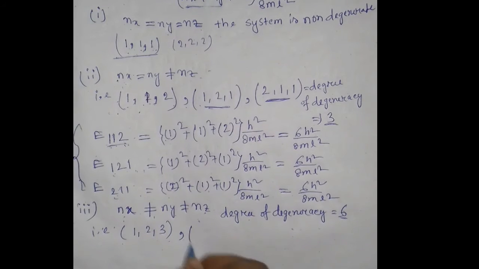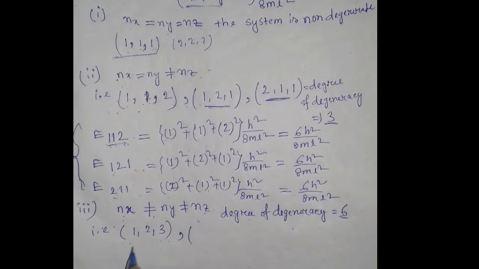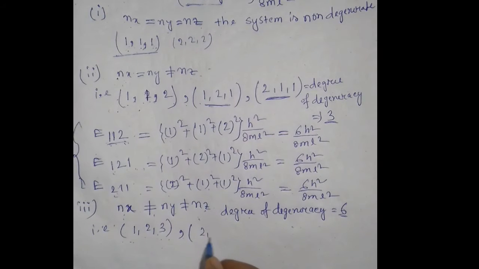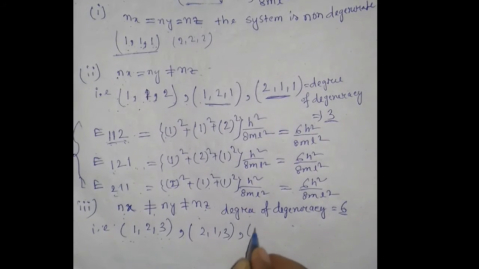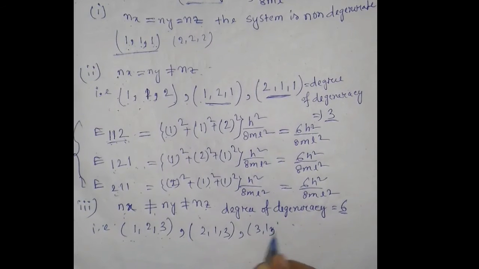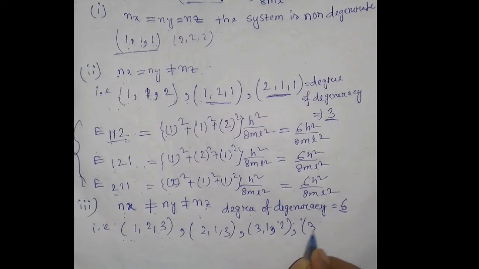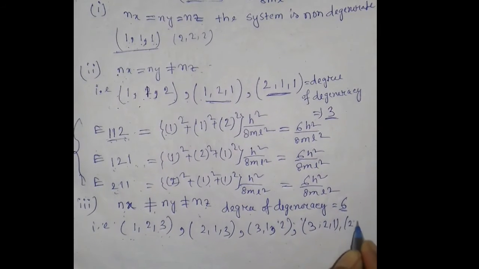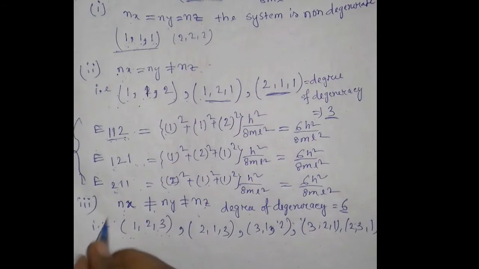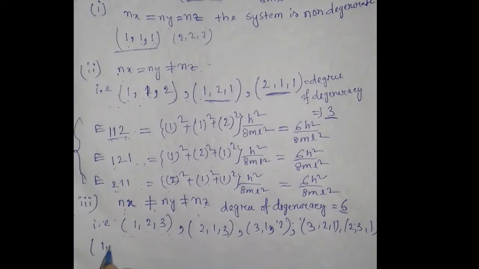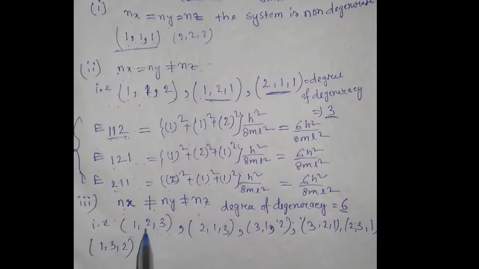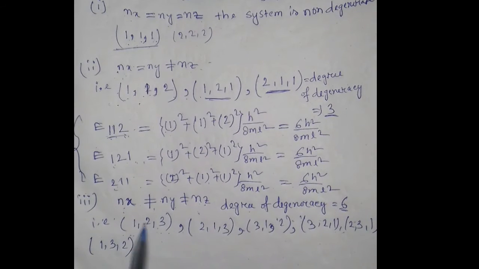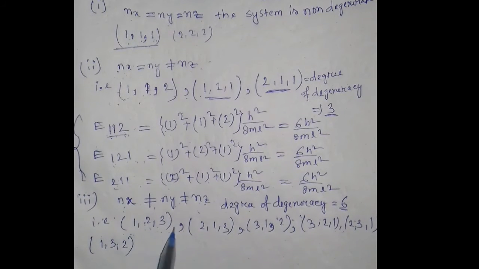Then the possible arrangements are 1, 2, 3; 2, 1, 3; 3, 1, 2; 3, 2, 1; 2, 3, 1 and also 1, 3, 2. That means there are 6 possible ways to arrange the quantum numbers.